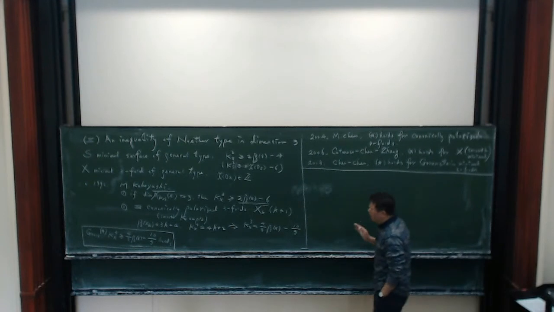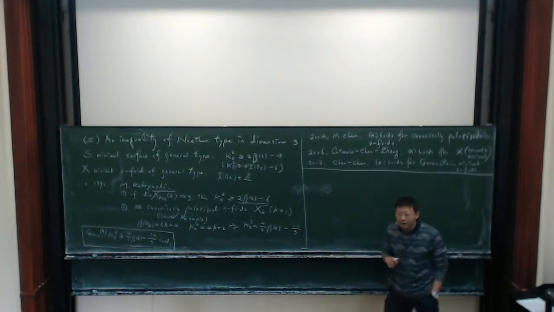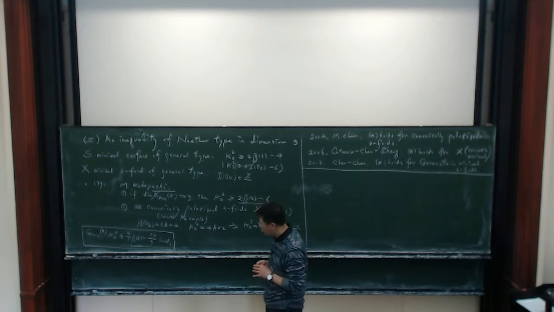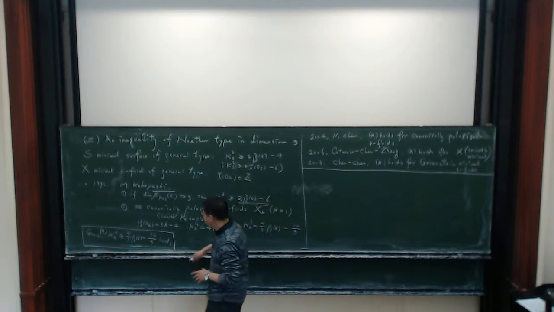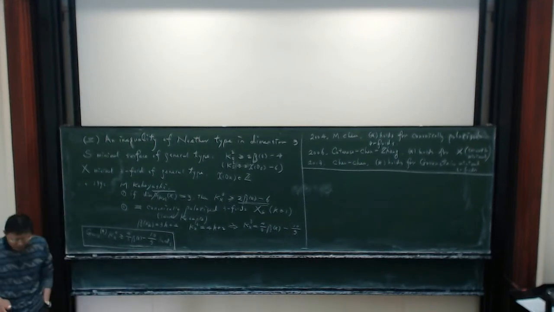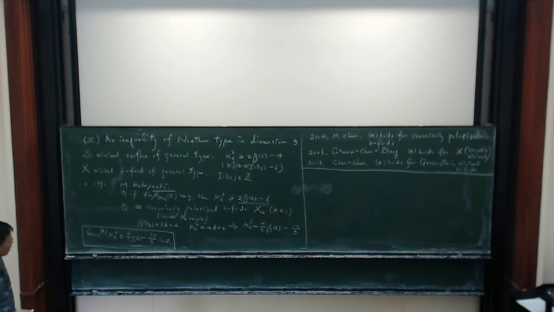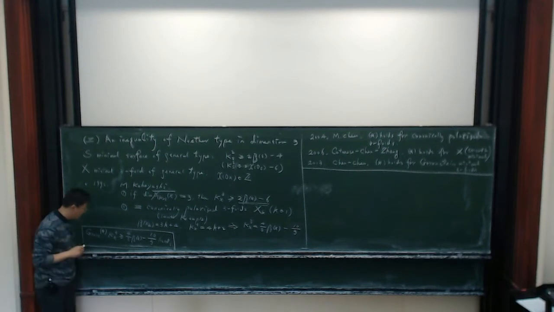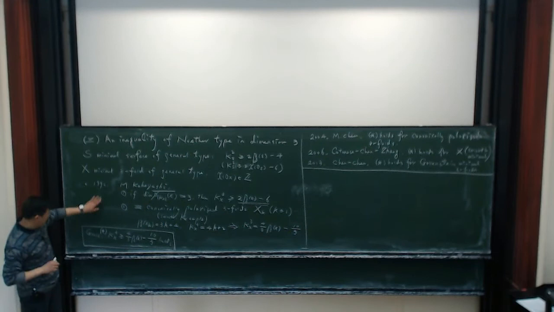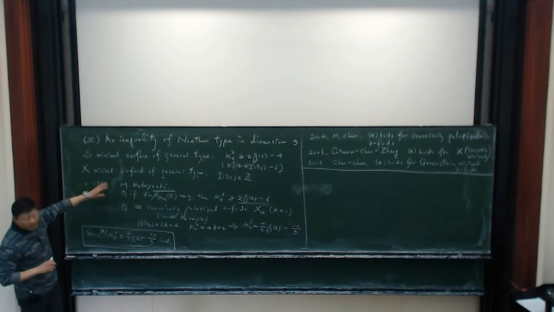So from now on, the example is they construct a double covering from a rank 2 vector bundle over P^1. And in Kobayashi's construction, that's by double covering.